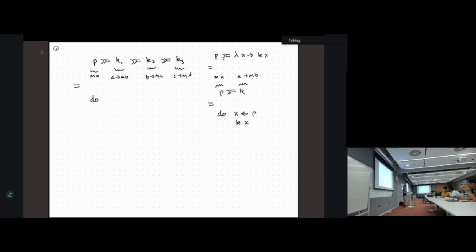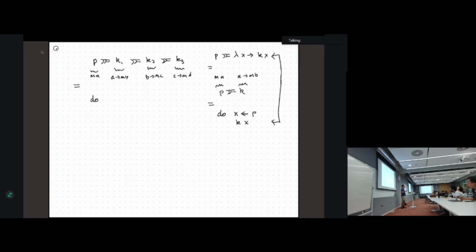So you can view this as P occurred, and then whatever P did, it produced something. Let's call that something X, and let's pass that X on to K. Well, that's what I wrote down here. I said do something, P performed, bind it to X, and then do K X. So these two notations should look pretty similar. We've basically just wrapped together a bind and a lambda into a do with some arrow, right?